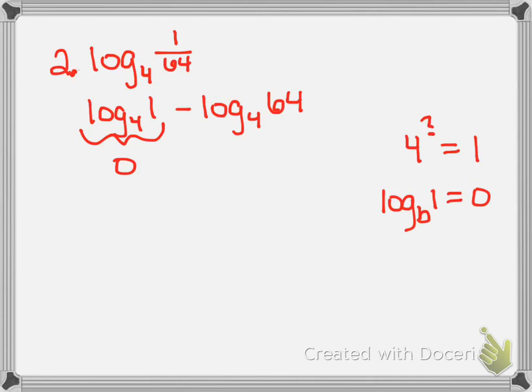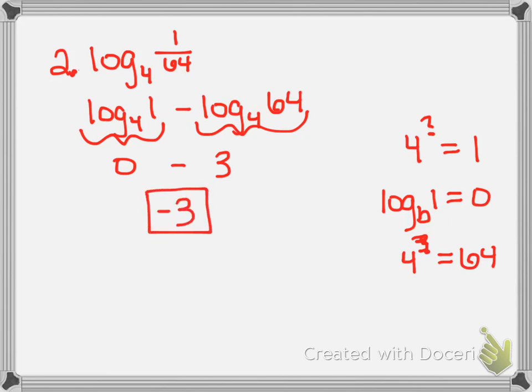Okay? And then this log base 4 of 64 is 3, because what it's asking you is 4 to what power is 64. And it's 4 cubed. That is 64. And so 0 minus 3 just gives us -3 as our answer.